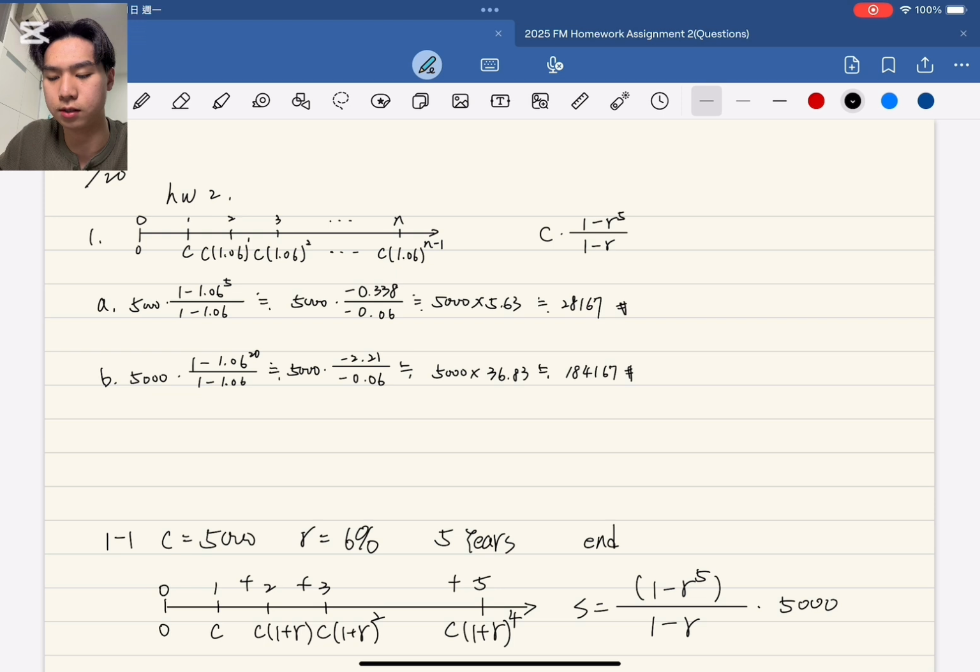We set the cash flow as C. The cash flow is 5,000 because we can receive 5,000 each year.